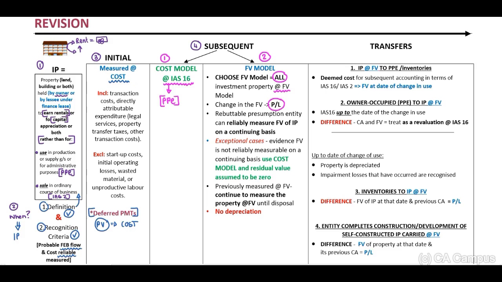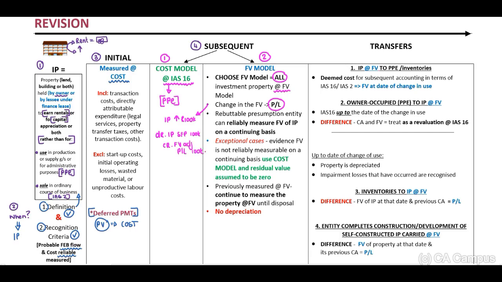Guys, this is extremely important, but I'm pretty sure based on your third year level that you can remember this. For example, if there is an increase in our investment property's fair value of 100,000, our investment property increases, therefore debit the investment property in the statement of financial position with 100,000 and credit our fair value adjustment in our profit and loss with 100,000.